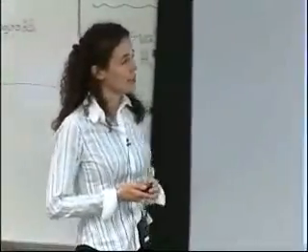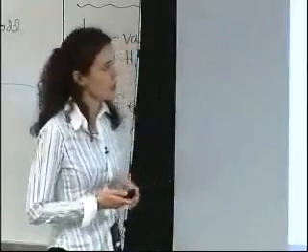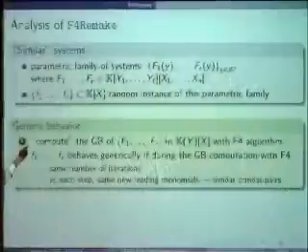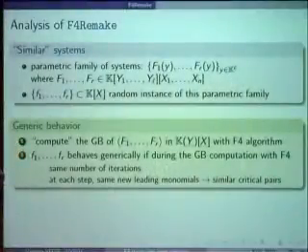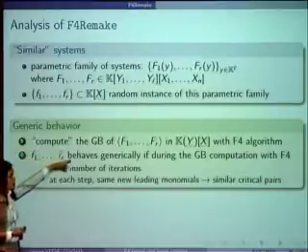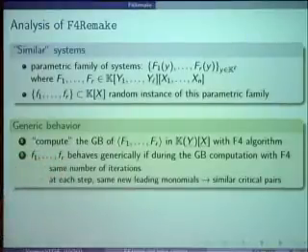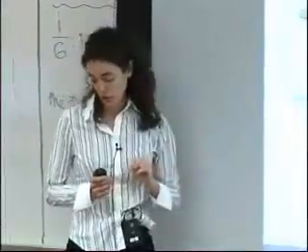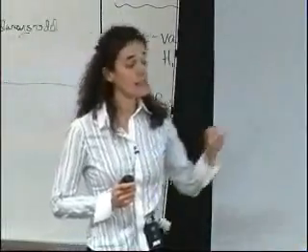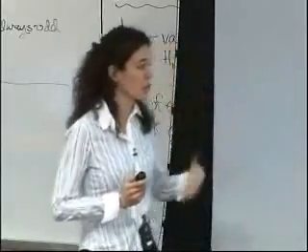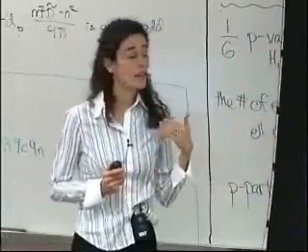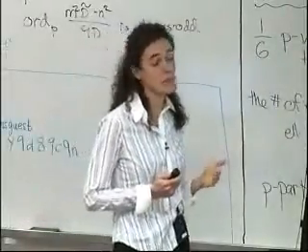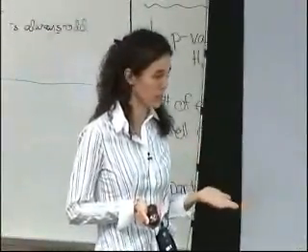So I will define what I call generic behavior here in the following way. I assume that I am able to compute, at least theoretically, a Gröbner basis of the parametric family with the F4 algorithm. And I will say that the instance behaves generically during the computation as soon as we have exactly the same number of iterations during the course of the algorithm, and that we have at each step exactly the same leading monomials and the same S polynomials.